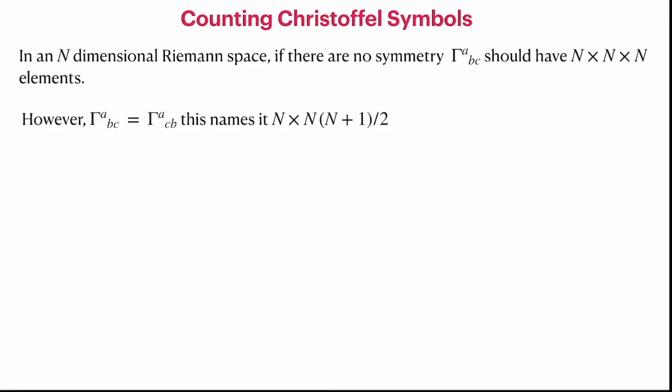N square would be replaced by n into n plus 1 by 2. This is the standard calculation of the number of elements in a symmetric matrix. So we end up with a total number of independent components of n into n, n plus 1 by 2. This is the number of components we have to calculate based on the various symmetries.